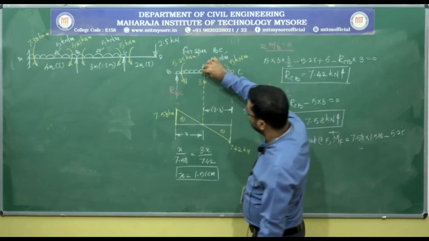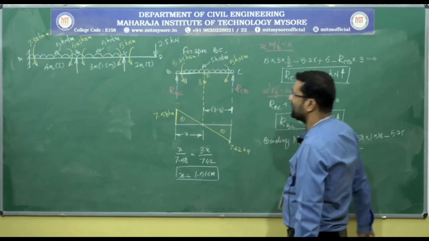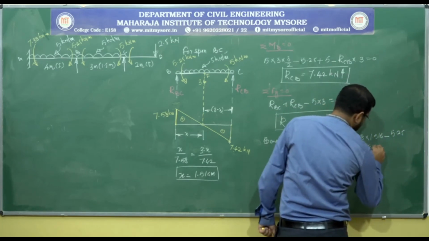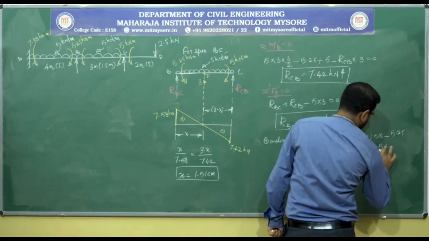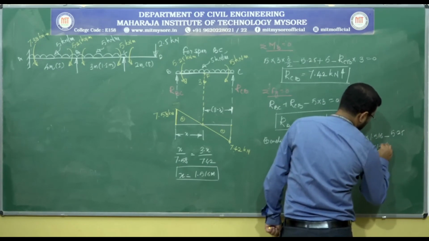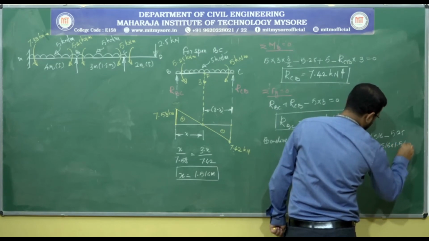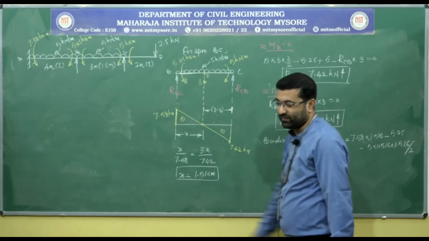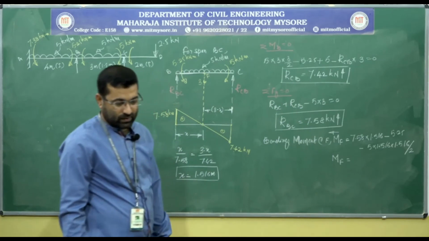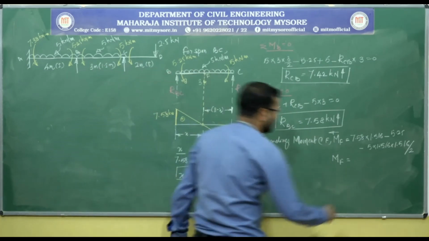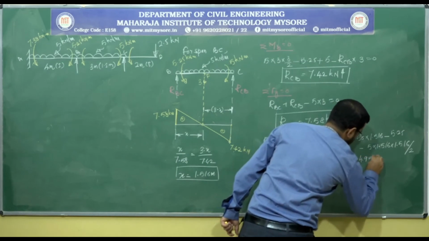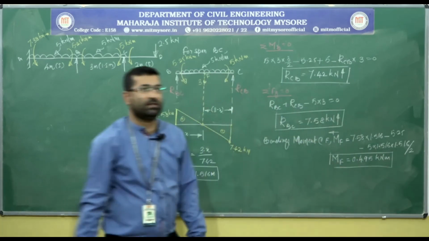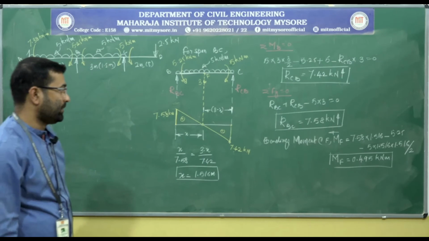Apart from that, there is a UDL on the left portion of the beam, which is also creating an anti-clockwise moment. So minus 5 into 1.516 into 1.516 by 2 gives you the maximum bending moment about F, which yields somewhere around 0.495 kilonewton meter. Though it is very small, it is itself the maximum bending moment.